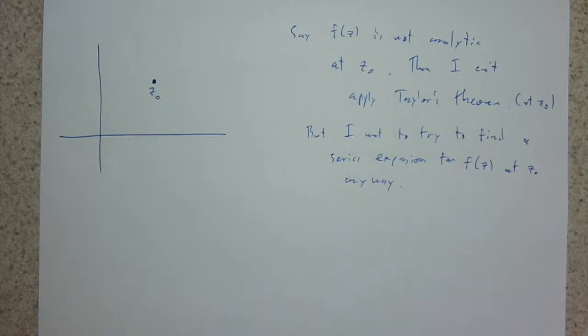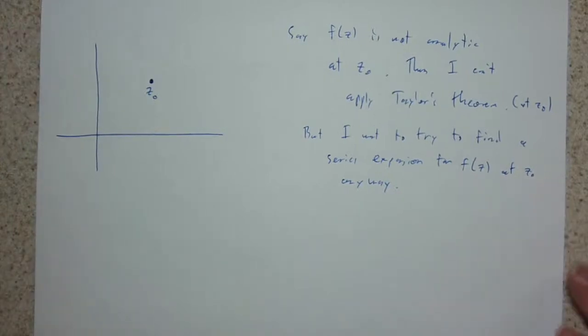Of course, this thing is not going to be analytic at z naught, but I want it to be analytic on a neighborhood around z naught where I have excised some bad points, right?